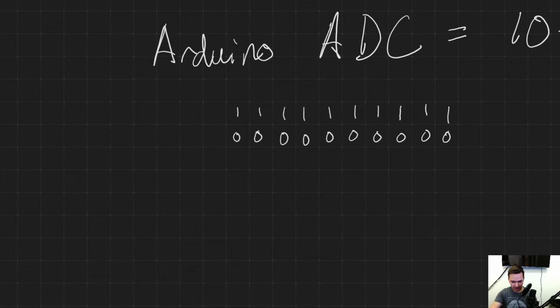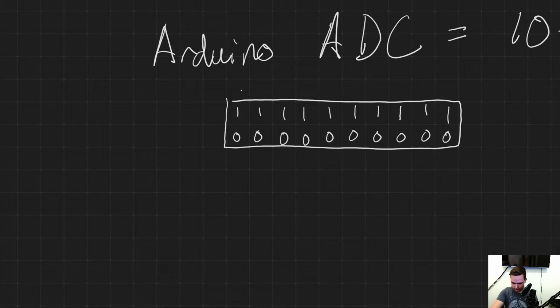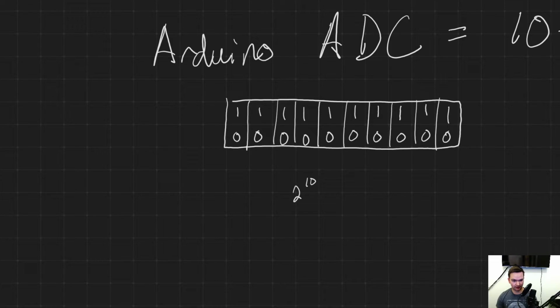But the important thing to know is if we have 10 different sets here, each of these is an option, a 1 or a 0. Well, there's 2 options, and there's 10 boxes, I believe. Yep, so 10 boxes there, 2 options. So that is 2 to the 10th. I will tell you that 2 to the 10th is equal to 1,024. 1,024 values that we can possibly get out of this.